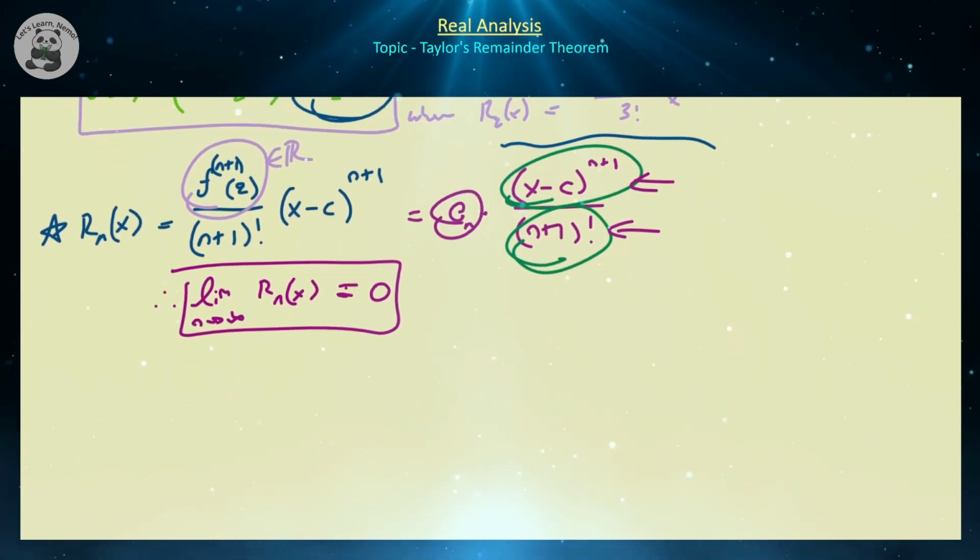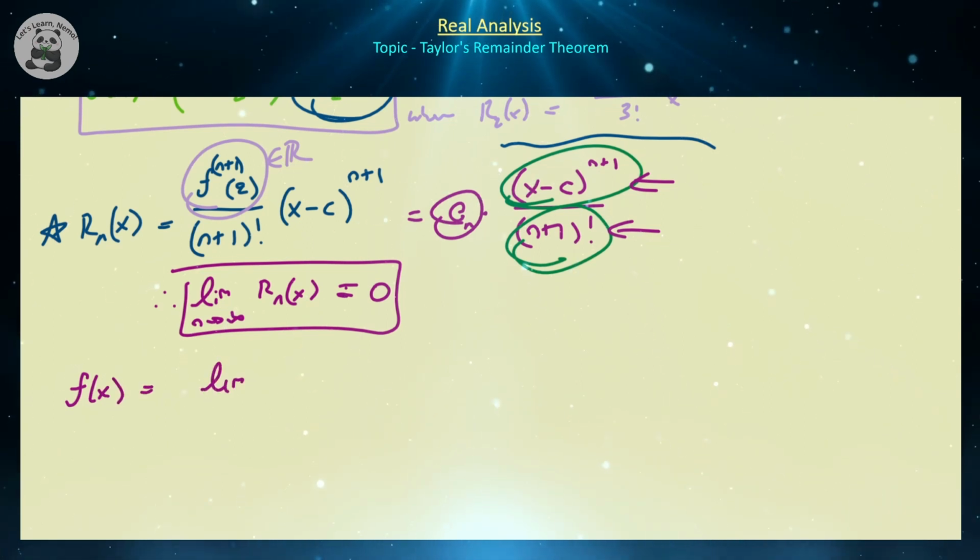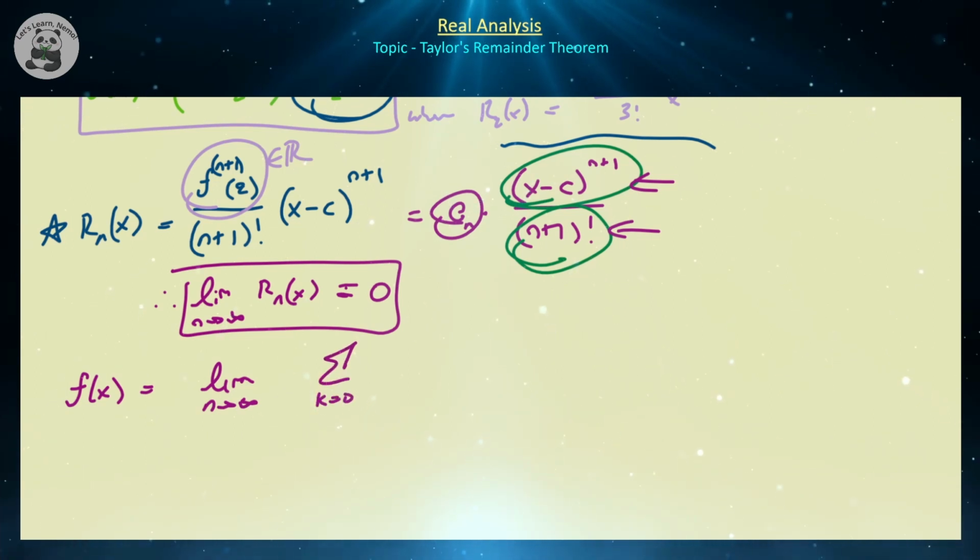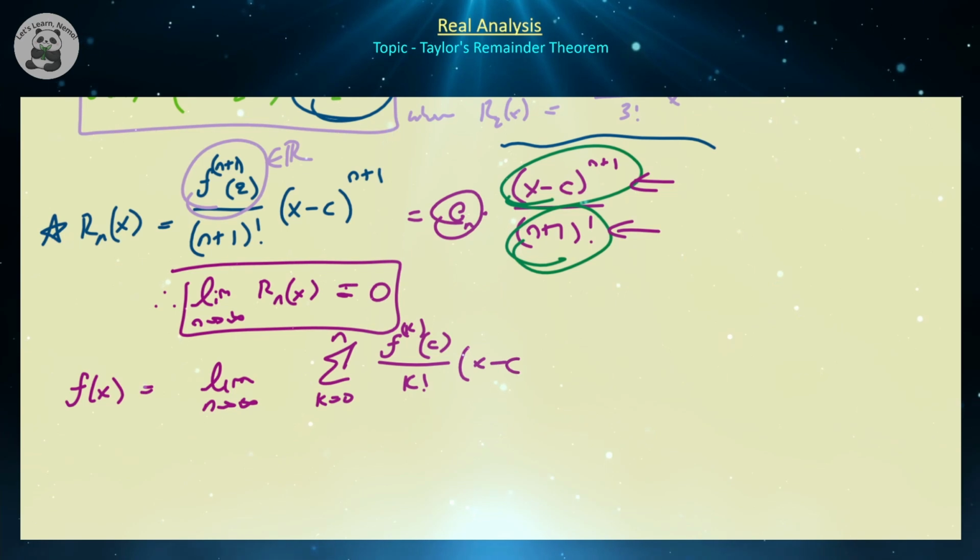and that means our function, keep in mind, is going to be equal to the limit as n goes to infinity of the sum from k equals 0 to n of the kth derivative at our c all over k factorial times x minus c to the power of k.